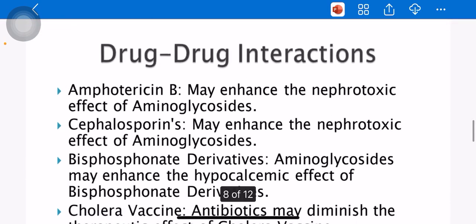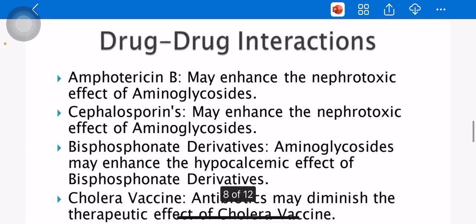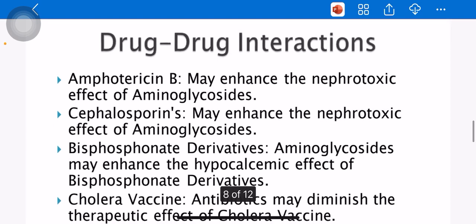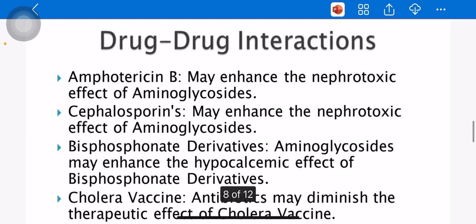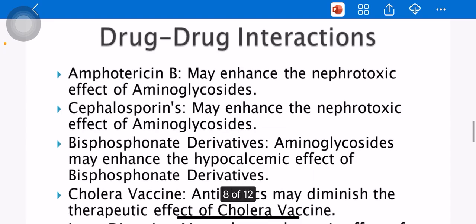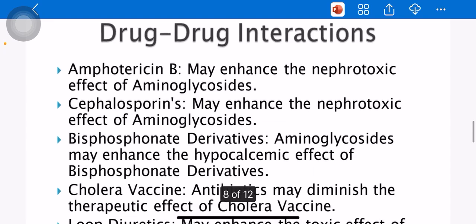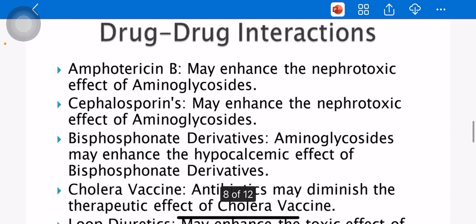Now moving to drug-drug interactions. First one, amphotericin B may enhance the nephrotoxic effect of aminoglycosides. If amphotericin B is given along with aminoglycosides, the nephrotoxicity may be increased.